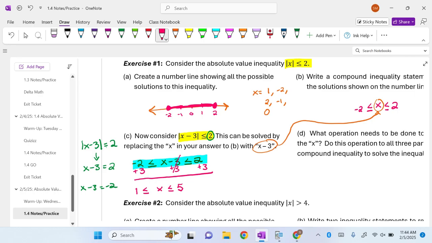Yes, so that works. Name another number between 1 and 5. Just any number. 4. So plug in 4 for x. What's 4 minus 3? 1. What's the absolute value of 1? 1. Is it true that 1 is less than or equal to 2? Yes, so it works.